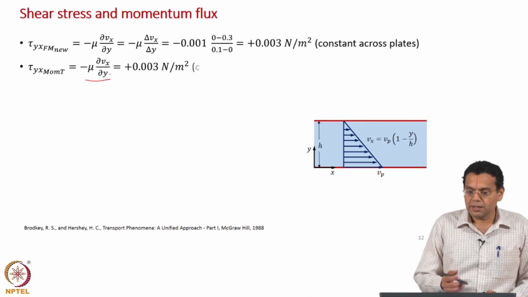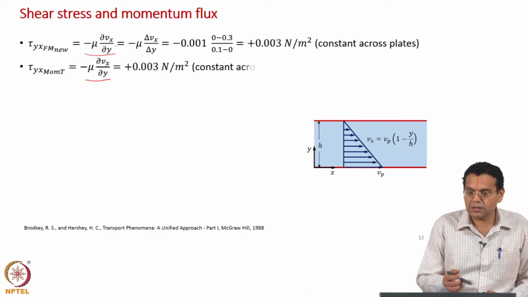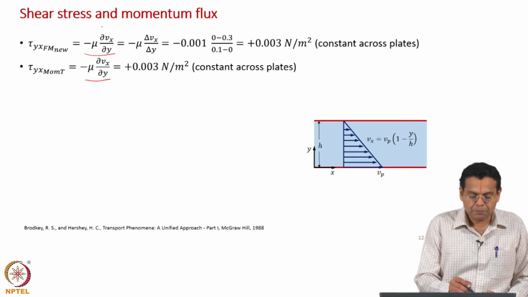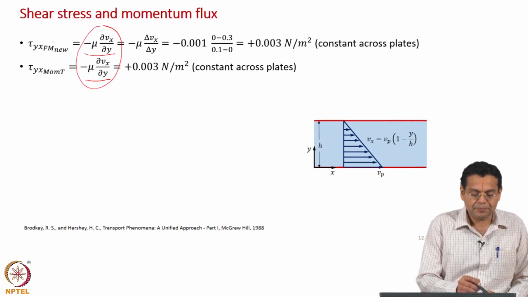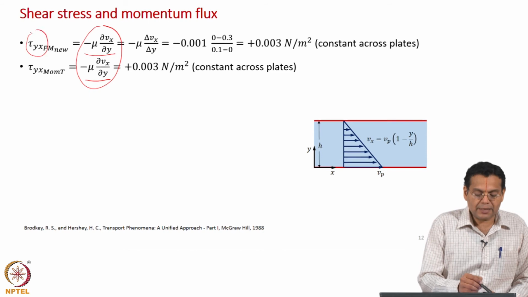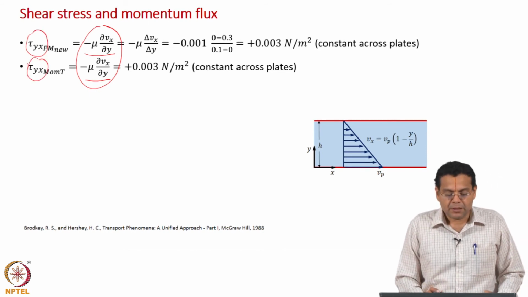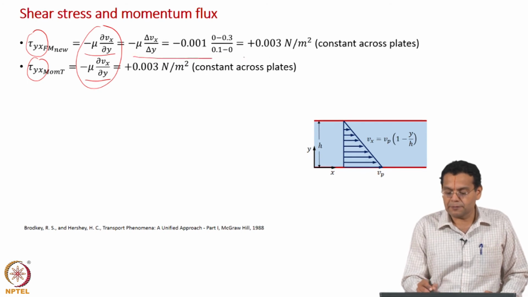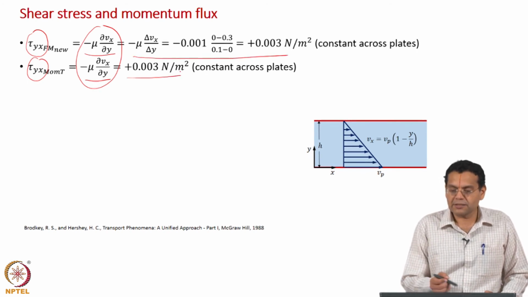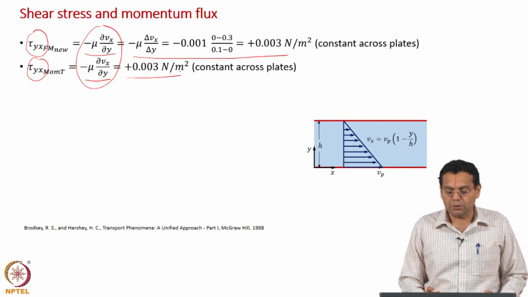Why is it the same? Because this expression has been written based on the new sign convention, that is why both the expressions are the same. Tau for fluid mechanics and tau for momentum transport have the same expression. Okay, so the same steps will give us 0.003 Newton per meter squared. Once again it is constant across the plates.